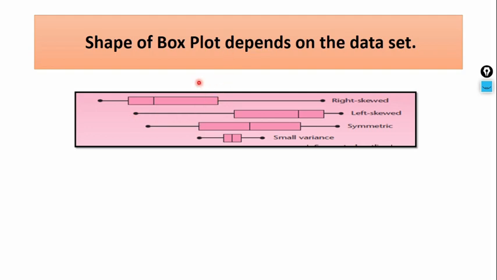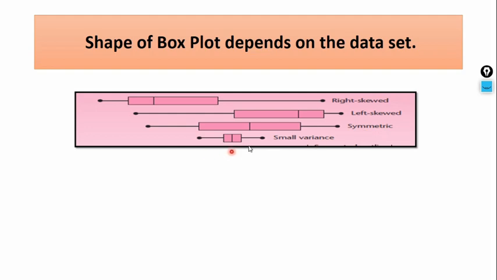This graph is skewed on the left side, and this graph is skewed on the right side. So this is called right skewed, and this is called left skewed. If our data shape is like this, the median is in the center, with minimum and maximum and no outliers. This is called symmetrical, bell shaped, or normally distributed.